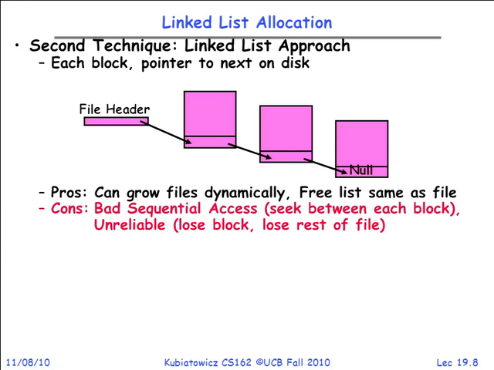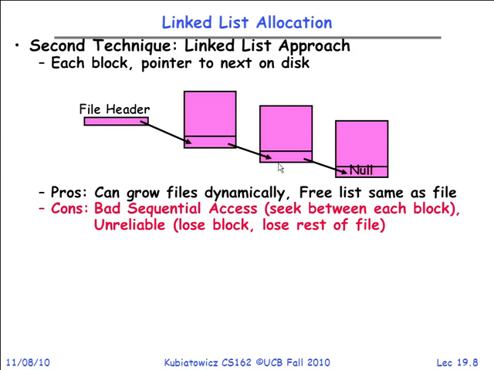Okay? But let me actually argue why, even if you did a good job of allocating, so every block is on the same track, can somebody tell me why you might not actually get the full speed of pulling things off the disk even in that case? Yeah, so you've got to read this block, find the pointer, and then act on it.